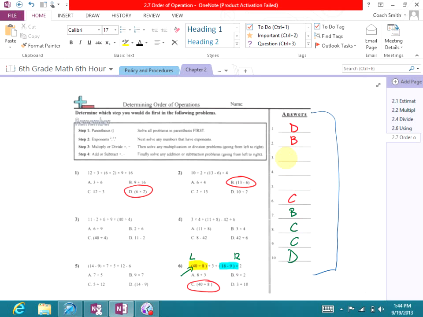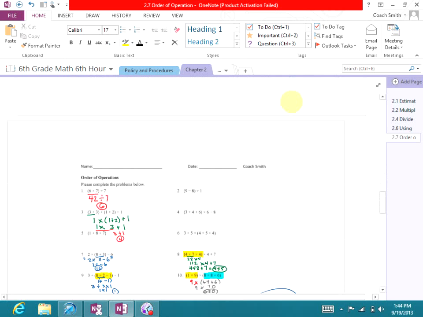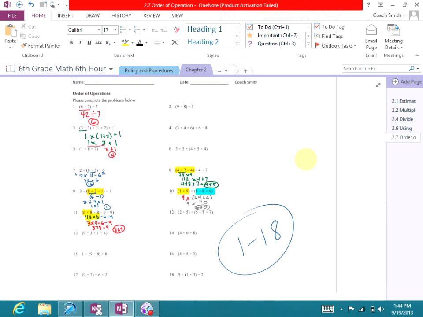So most of that's already done for you. And then on this page, you're going to do 1 through 18. We'll do the rest tomorrow. I'm going to go ahead and divide it up into 2 days. Thought I might be able to get it caught, but it's going to give you too much homework. So you got 1 through 18 here.